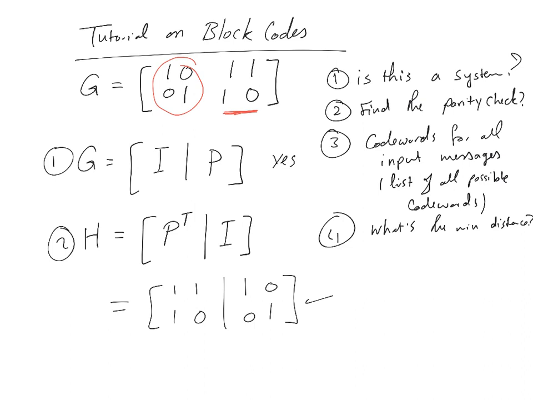Okay. The answer to number 3, all possible code words in this case. Now, all possible input messages in this case are going to be what? We first need to figure out what's the length of the input messages, right? So remember that we have the code which is defined by K and N. K is the message length, right, and N is the code word length, right?